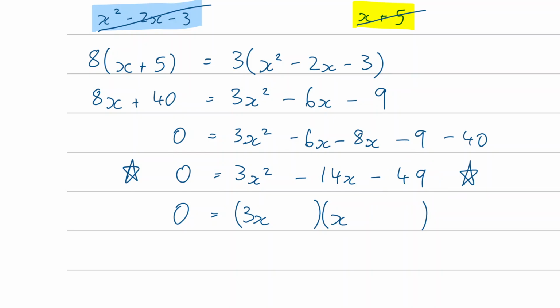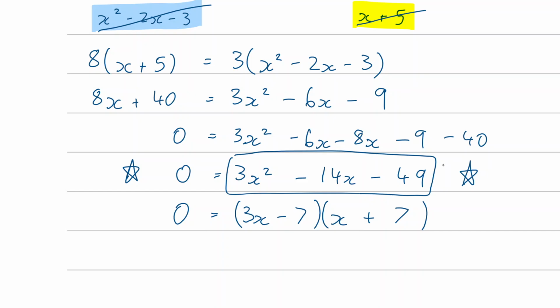So I could think of 7 and negative 7. Okay, but which one will be positive 7 and which one will be negative 7? Well, you kind of just need to try it. So if this was negative 7 and this is positive 7, to check that it works, we expand it out. And if we expand it out and it goes back to this, it means we factorized correctly.